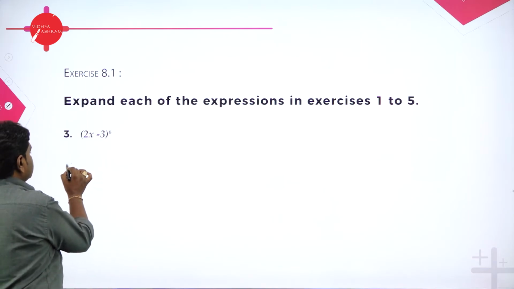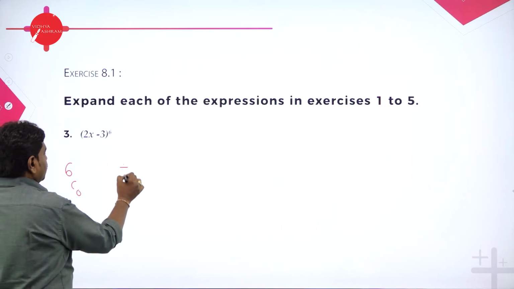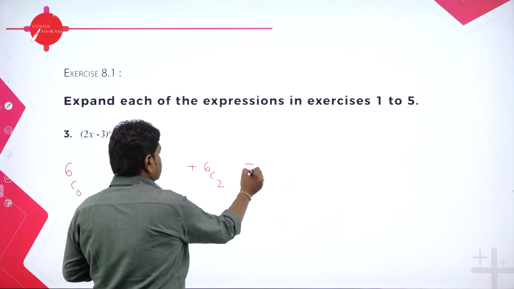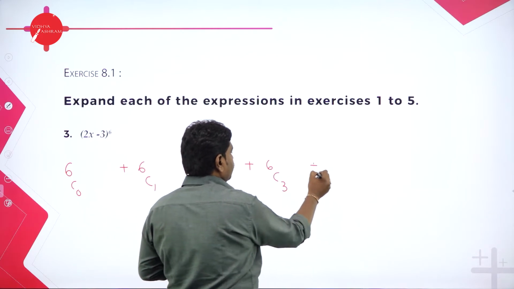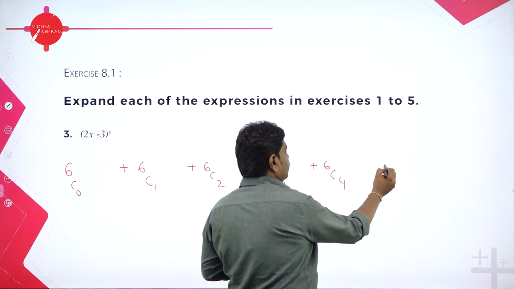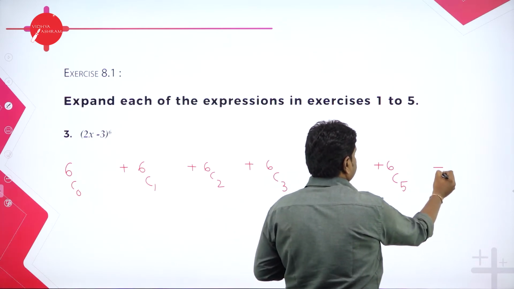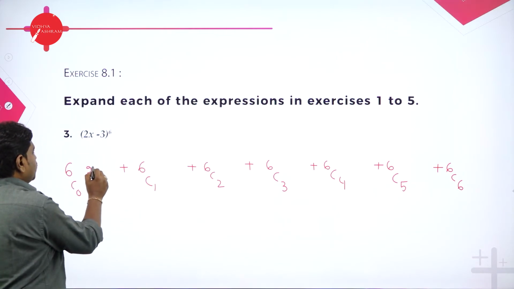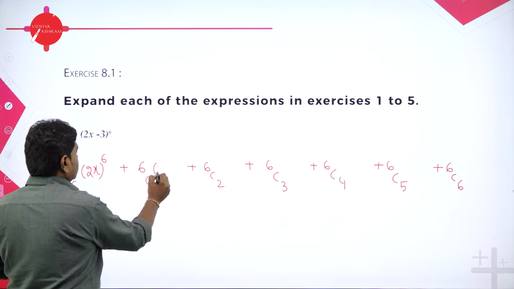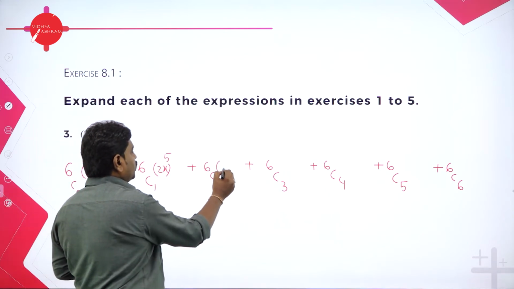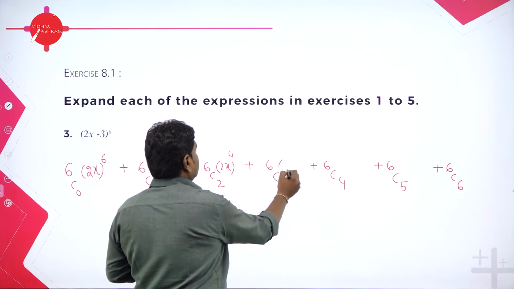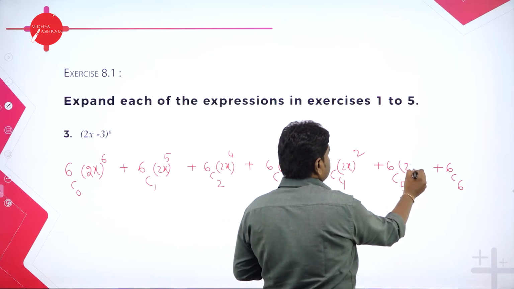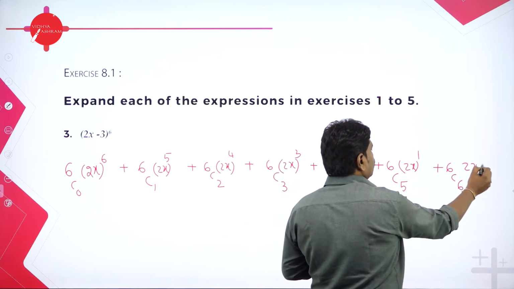So now here the power is 6, so start from 6c0, then we'll have 6c1, then 6c2, 6c3, 6c4, 6c5, then the last term, that is 6c6. And the first term power goes on decreasing, 2x power 6, then 2x power 5, 2x power 4, 2x power 3, 2x power 2, then 2x power 1, finally it should become 0.